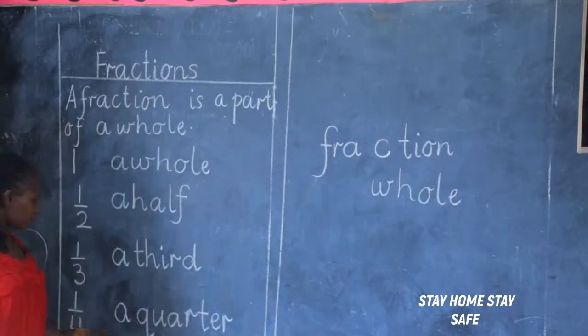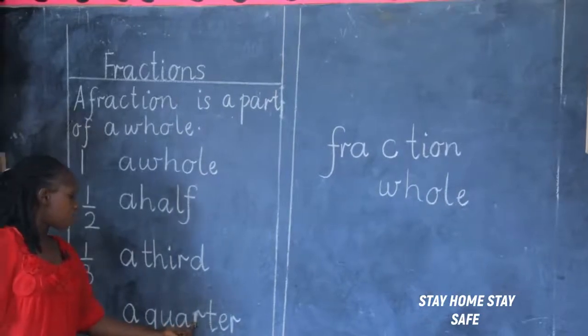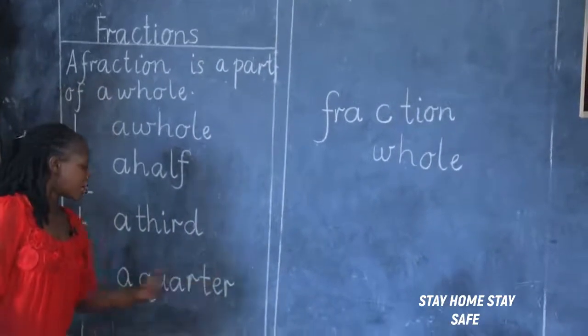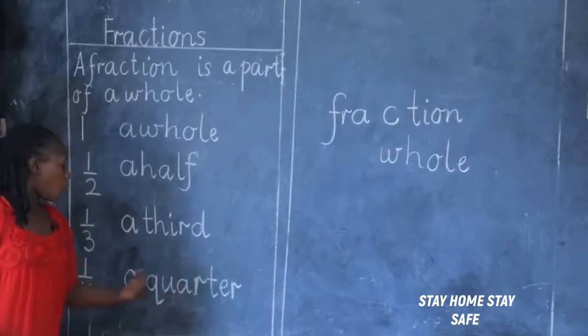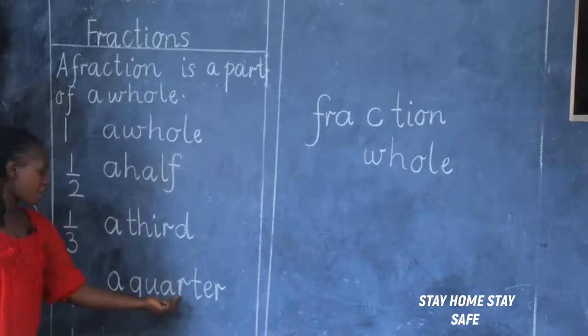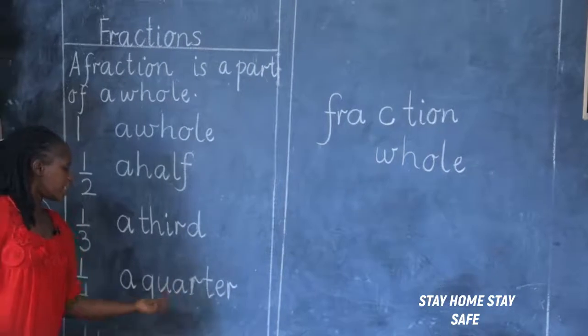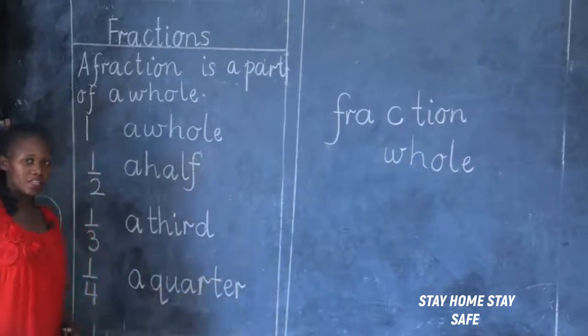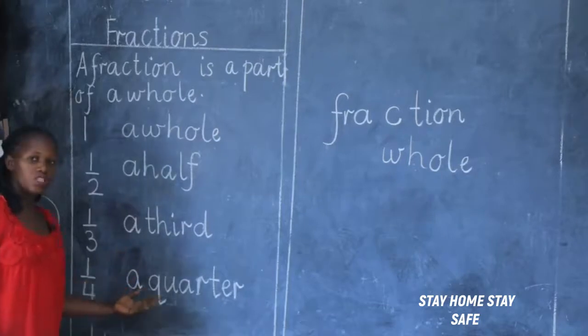A, Q, U, A, R, T, E, R. There is that R after the quo, so never write a quarter without that R. It has 2 R's. The first R after A and another R after E. Okay? So 1 out of 4 is also called a quarter.